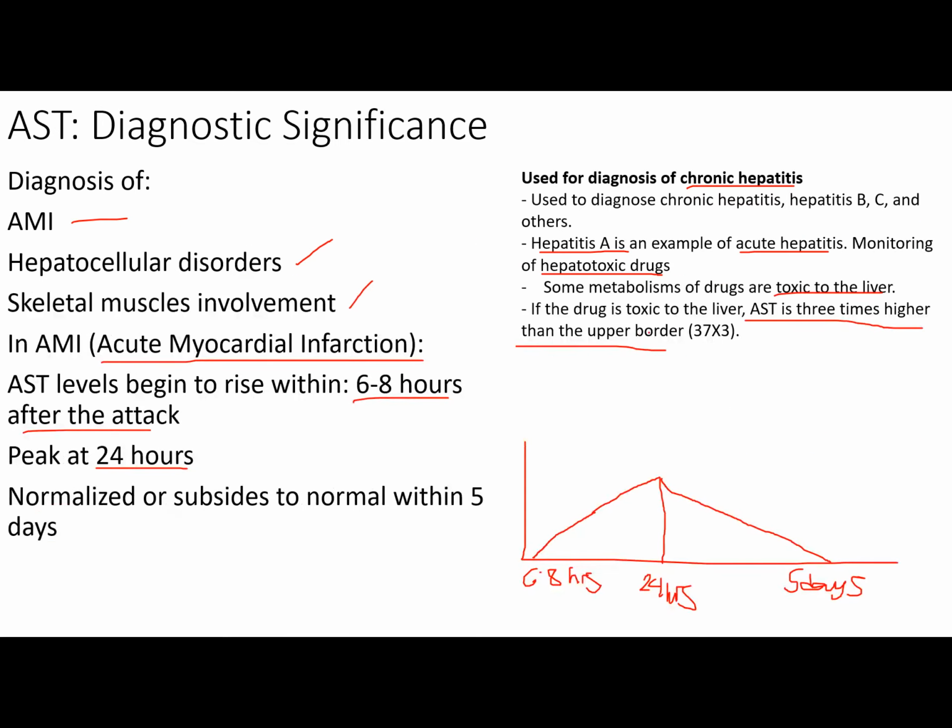So it says here, 3 times higher than the upper border when the liver is toxic due to drugs. So that is 37, right, 5 to 37. So 37 times 3 would be equal to 90 plus 21, 111. So a value of 111 or higher could indicate that the liver is suffering from drug toxicity.